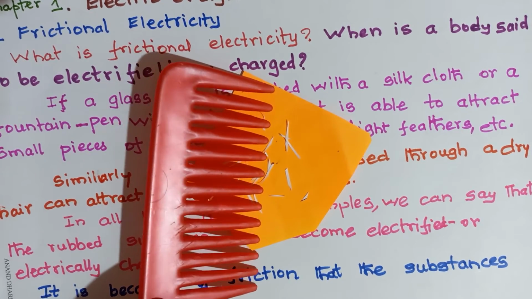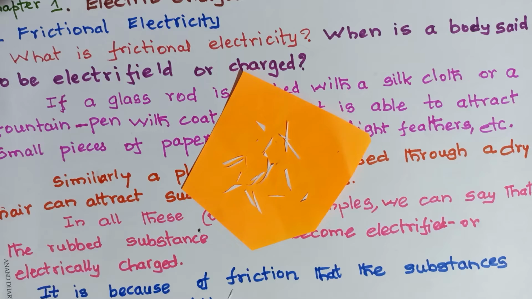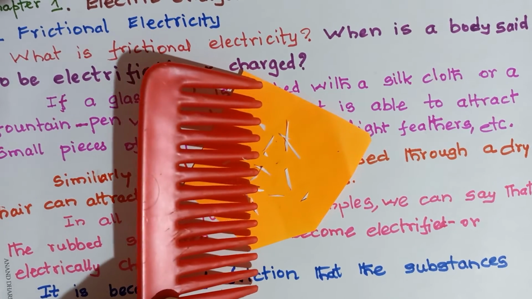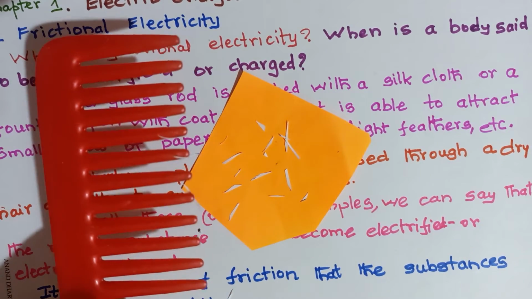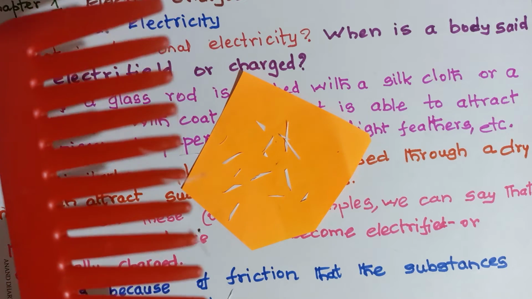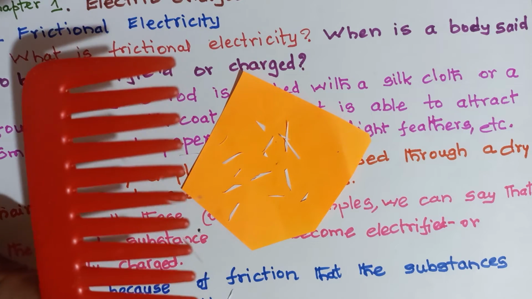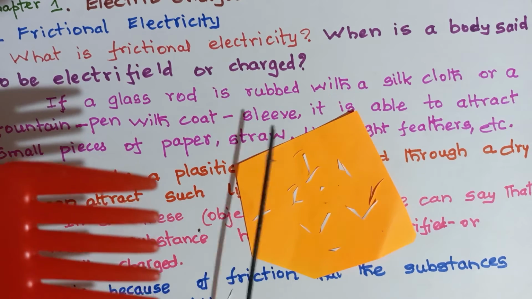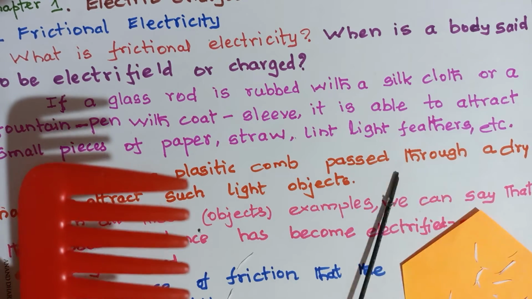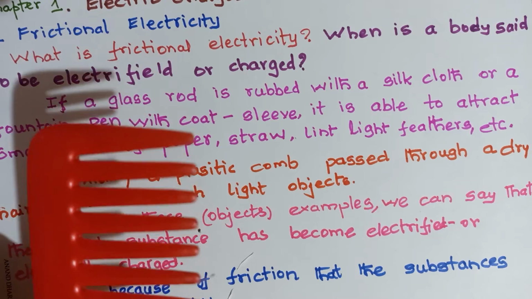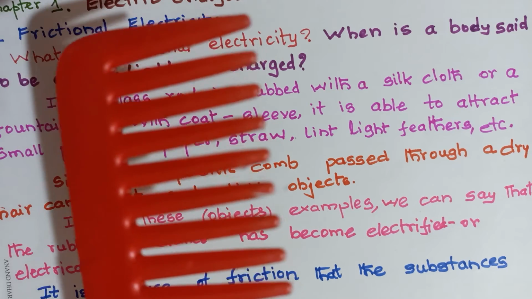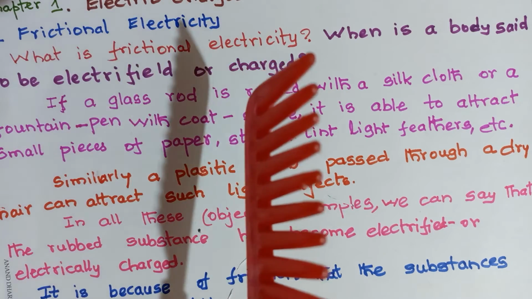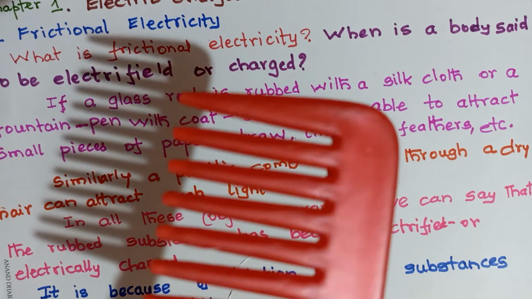See, there is attraction of the paper pieces. You can easily check now. Paper pieces stuck to the comb. You can check it. Okay, see here.